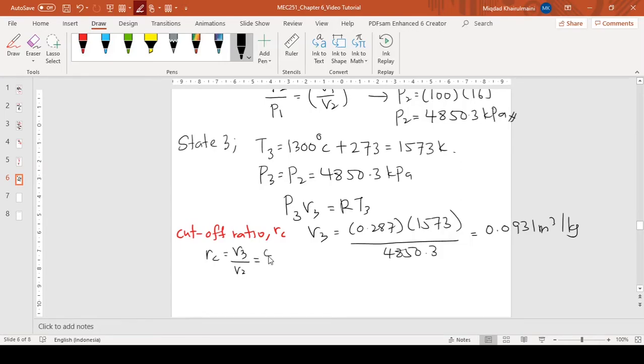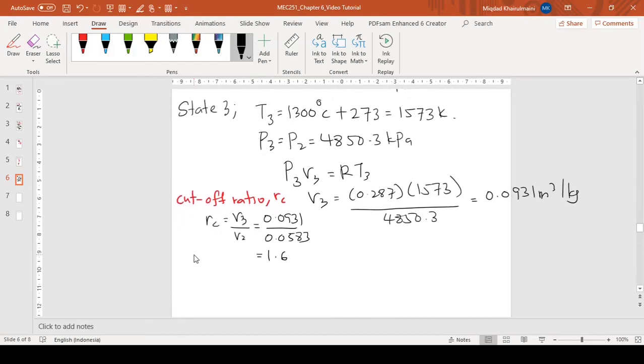So 0.0931 divided by 0.0583 gives us roughly 1.6 if we round the decimal points. There are no units for the cut-off ratio, so 1.6 is the cut-off ratio.